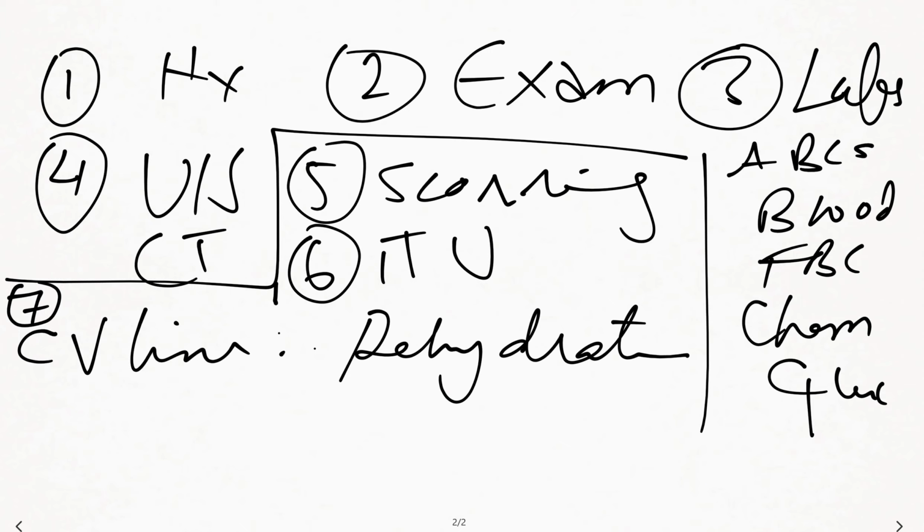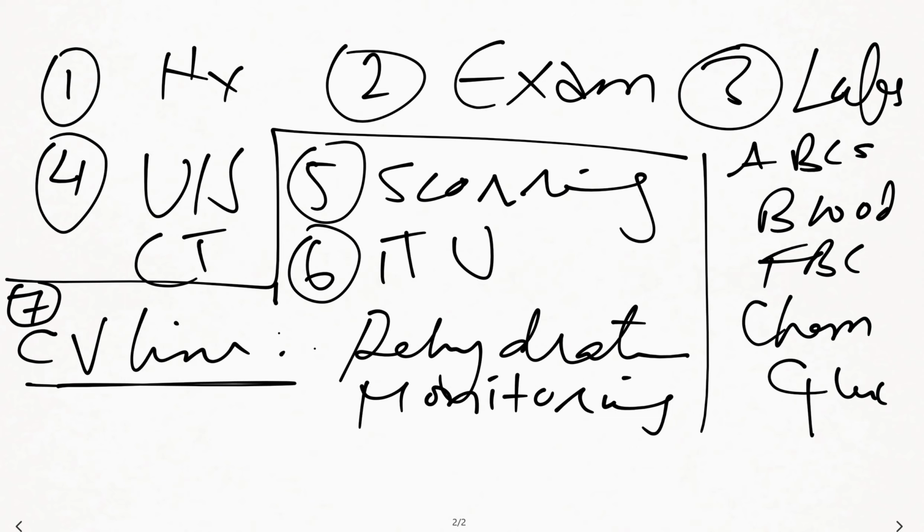Rehydration, because you have too much loss of fluid in the third space due to acute pancreatitis. You are also going to use this in monitoring. You will monitor the patient if he is empty or full or something like that. And you may use this central line also for total parenteral nutrition.